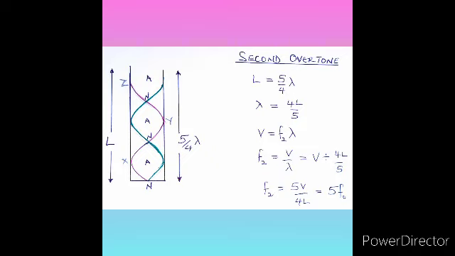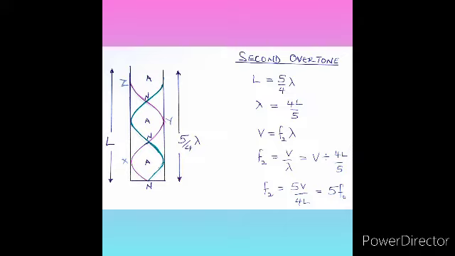Now we want to look at how we derive the formula for the frequency of the second overtone for a closed pipe. Now we have our diagram again, and this time around we have the second overtone formed in the closed pipe.